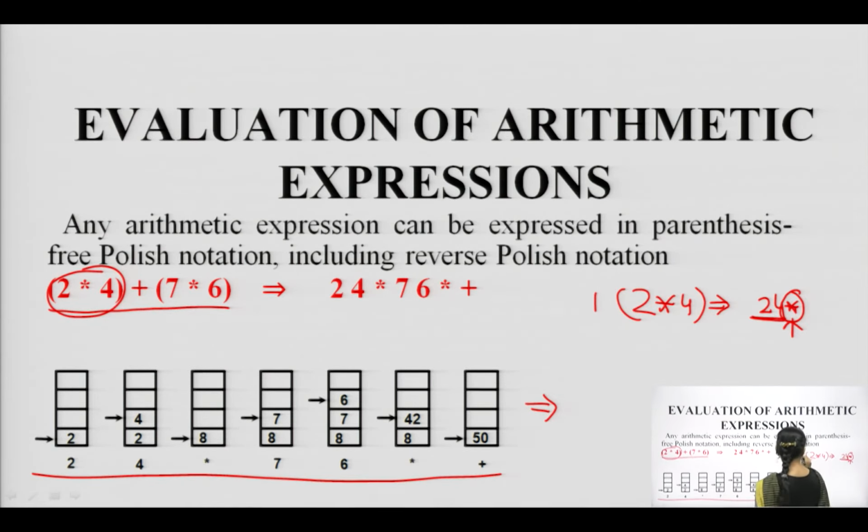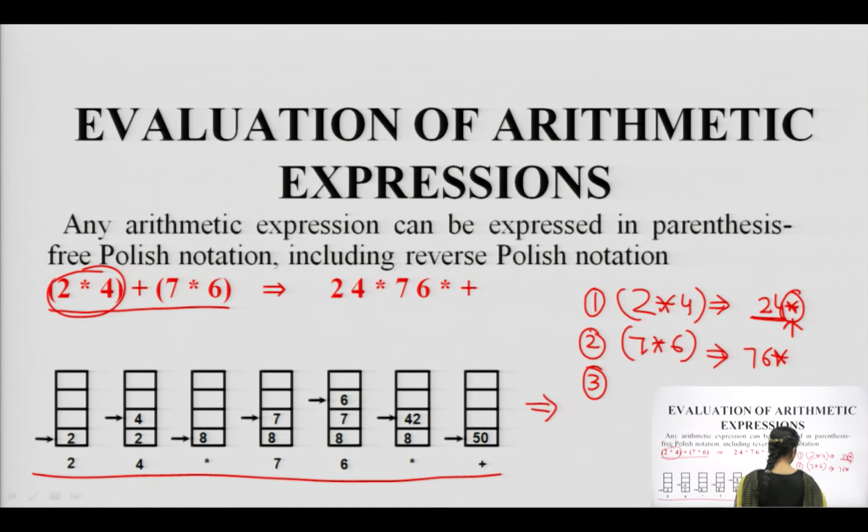My second step will be to solve my next bracket, in this example 7 cross 6. Converting this into RPN, that will say 7 6 cross. After that, we will be performing addition.